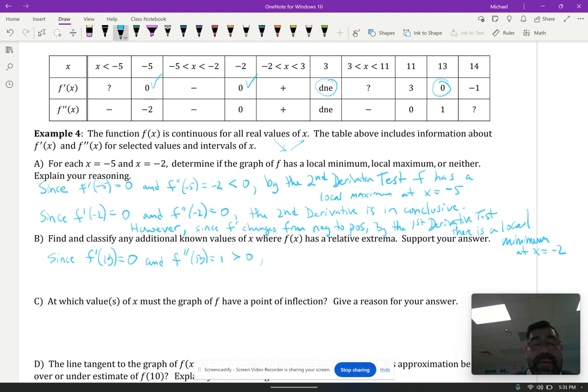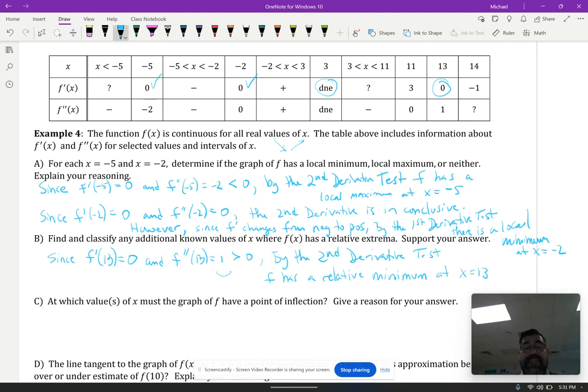By the second derivative test, f has a relative minimum at x equals 13.